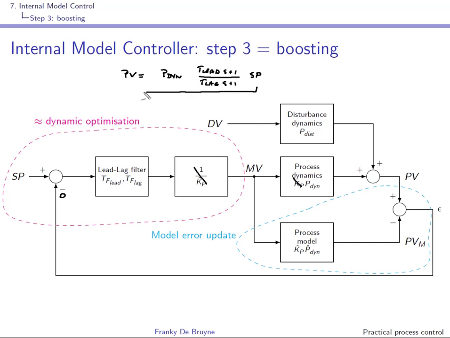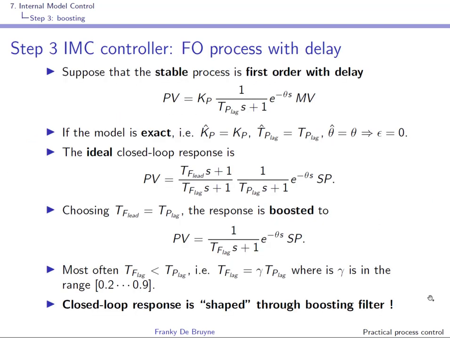So in this case, where the model is exact, the relation between set point and PV is the following one. Indeed, if the model is exact, we obtain the ideal closed loop response, that is this one. And in our particular case here, where we have considered a first order system with delay, this is what we have called PDIN in the previous explanation.